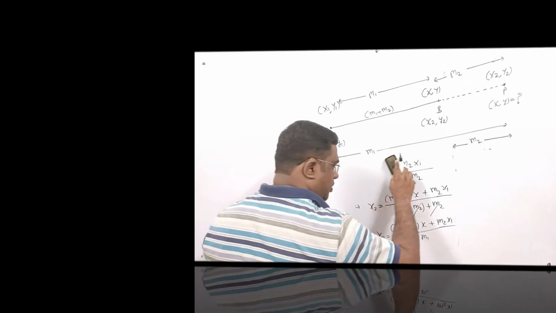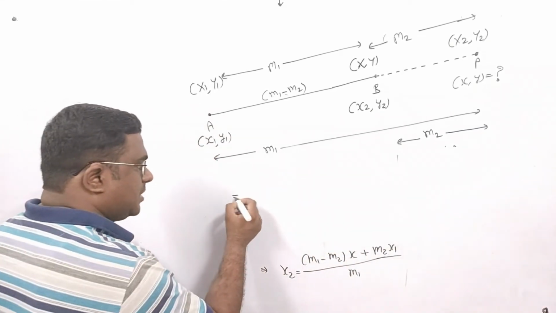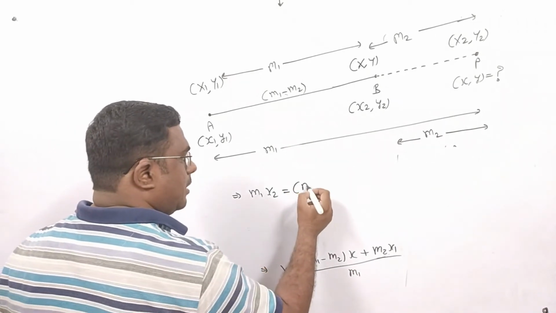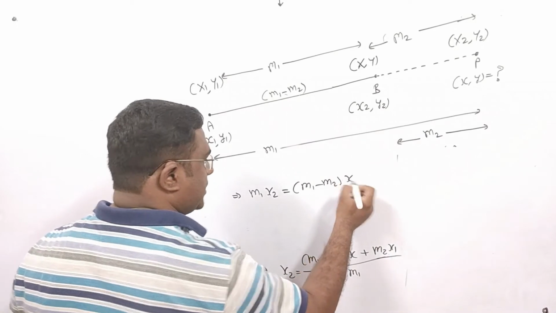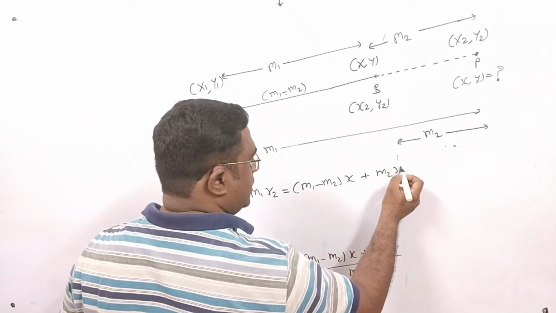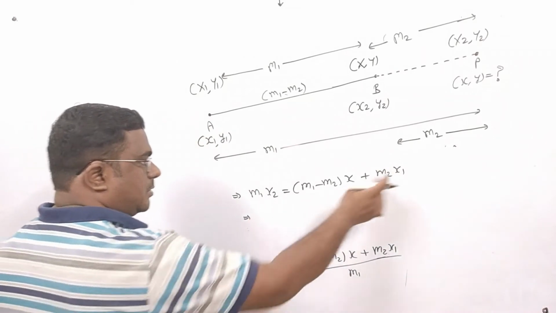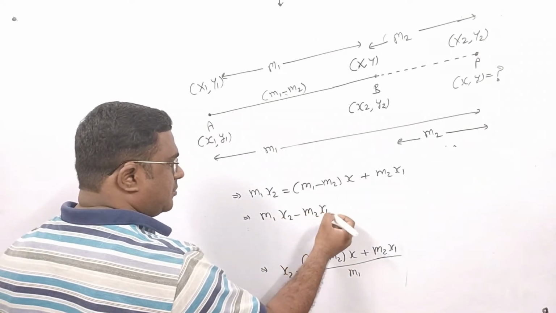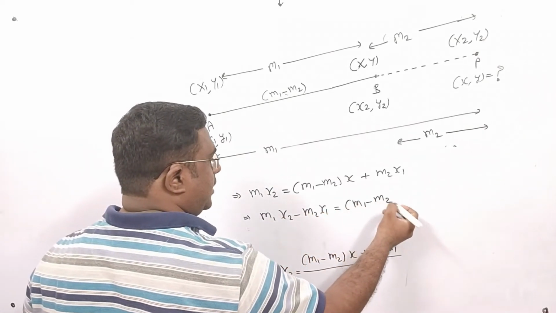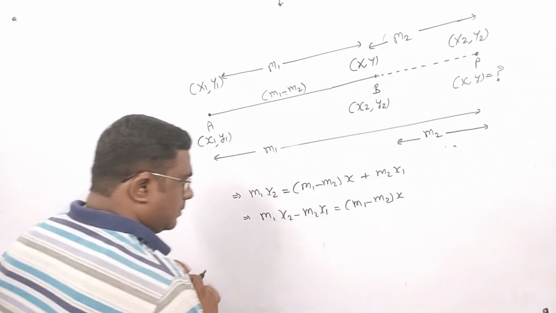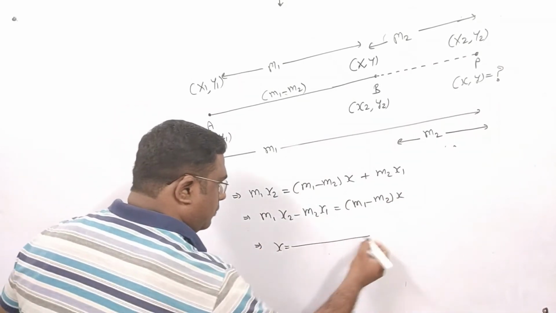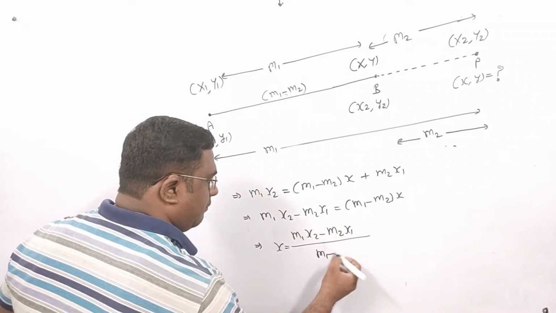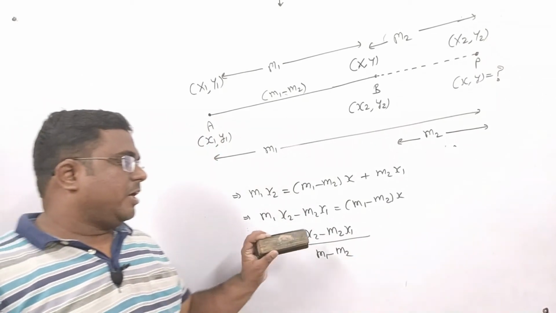Now let us do cross multiplication. So m1 x2 is equal to (m1 minus m2) into x plus m2 x1. Transfer this term to the left side. So m1 x2 minus m2 x1 is equal to (m1 minus m2) into x. This implies that x is equal to (m1 x2 minus m2 x1) upon (m1 minus m2). So I have obtained the value of x.